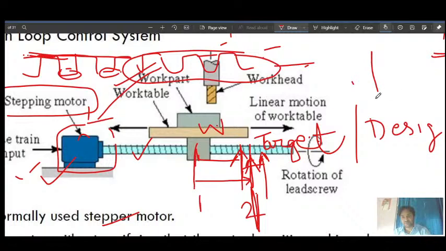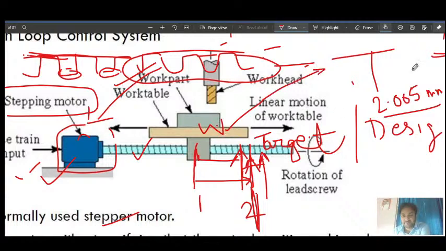Suppose you have to set your table at 2.005 mm. When the motor rotates, due to the inertia of this table, when it moves, either it will stop before this, so suppose it is 2.003, or it may go beyond this target position 2.005, so it can be 2.008.